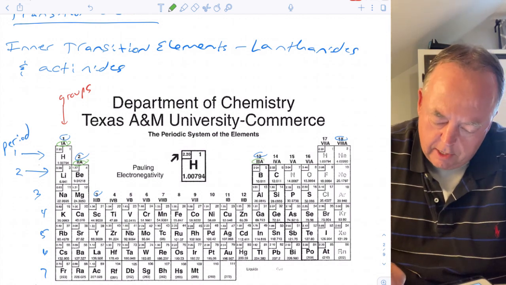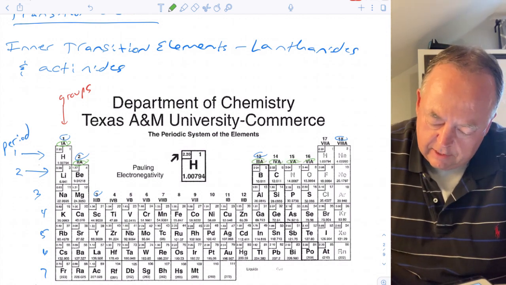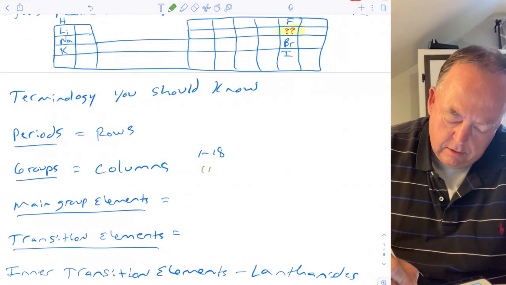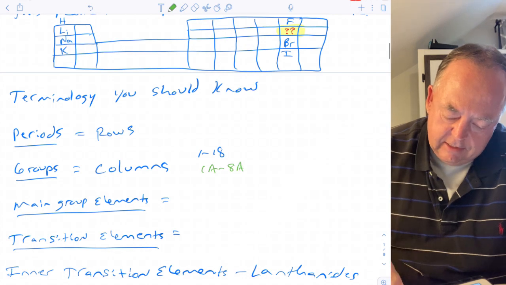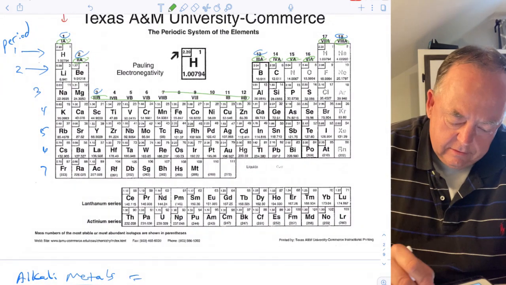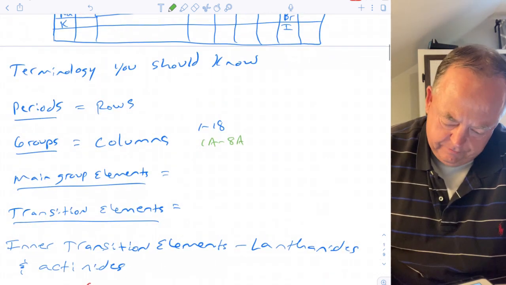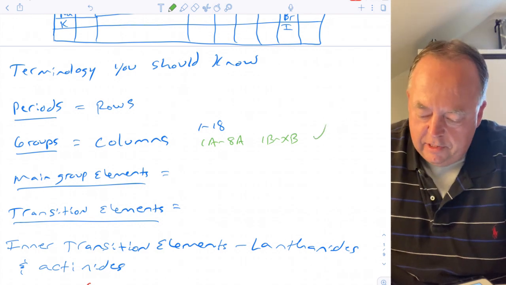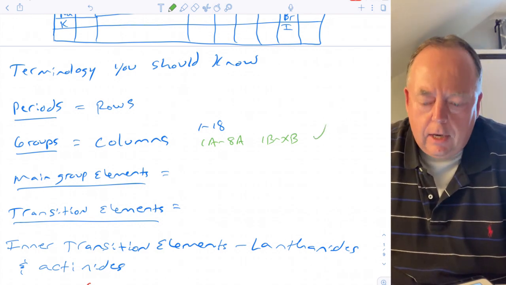So 1A, 2A, and then 3, 4, 5, 6, 7, and 8A. So you have this 1A through 8A designation, and then these here have these B designations, so 1B through 10B. And that will be the designation that I primarily use.